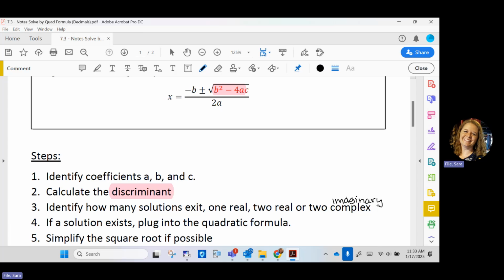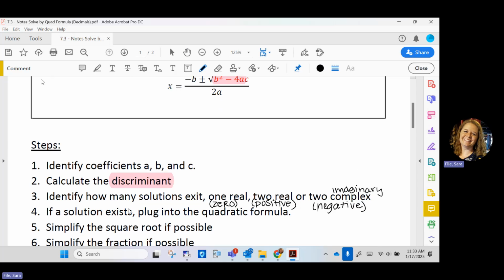This happens if you get a negative for the discriminant. You'll get two real numbers if you get a positive for the discriminant, and you'll only have one real answer if you get a 0 for the discriminant. Again, you can look back at 7.2 notes. We went into that in more detail.